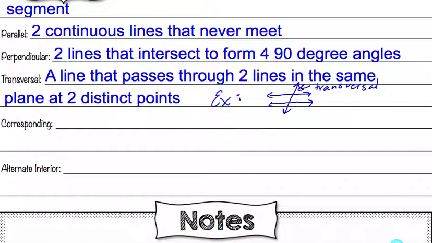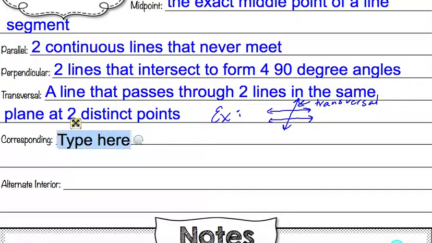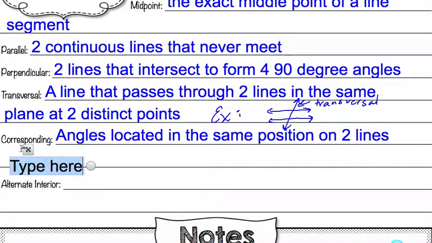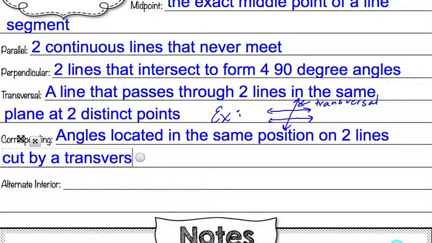Corresponding angles are angles located in the same position on two lines cut by a transversal. And I will draw an example of what that looks like.